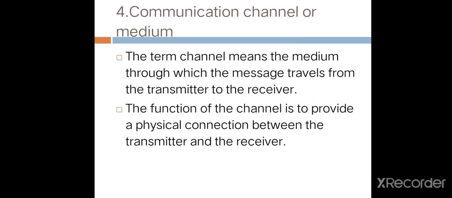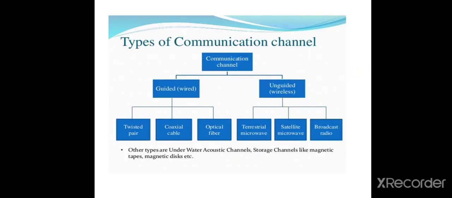Next, the communication channel or medium. The term channel means the medium through which the message travels from transmitter to receiver. The function of this channel is to provide a physical connection between transmitter and receiver. Types of communication channel: normally two types, wired and wireless.